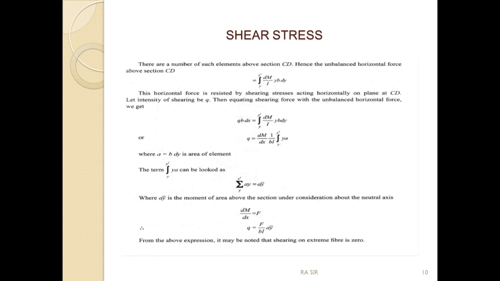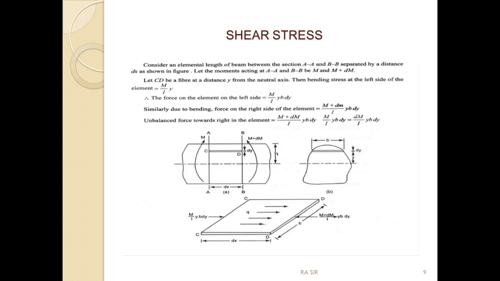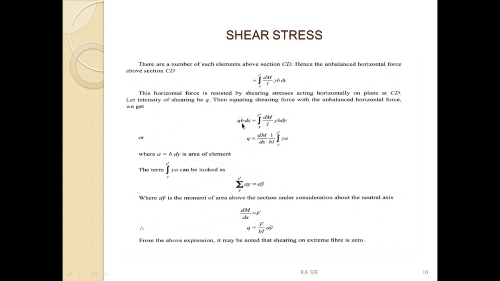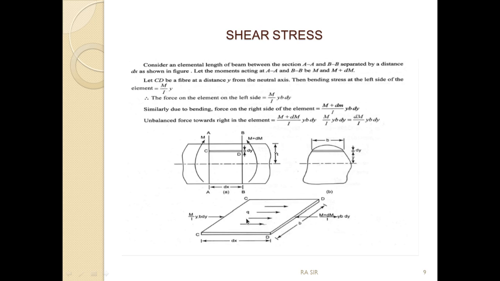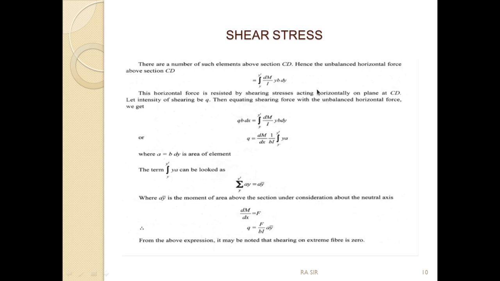If we try to understand how this is happening, q multiplied by b into dx is the entire intensity, I mean q is the intensity, and this is the entire block on which the intensity acts. This intensity into the area gives a force equivalent to this unbalanced force.